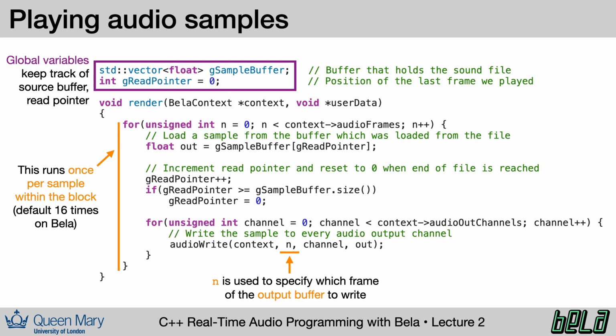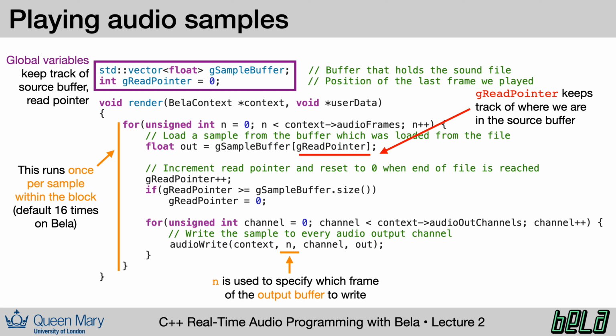Within the for loop, notice that we have this variable called n. n is what starts at 0, it goes up to, but not including 16. And we're also using this variable n to tell Bela where to write the audio sample in the output buffer. Notice that when we're loading things from the sample buffer, we're not using n, we're using gReadPointer.